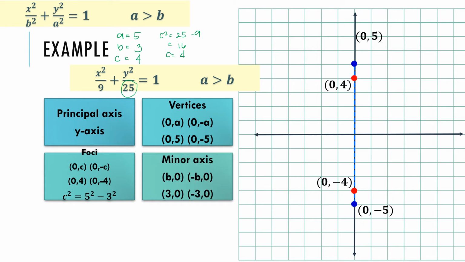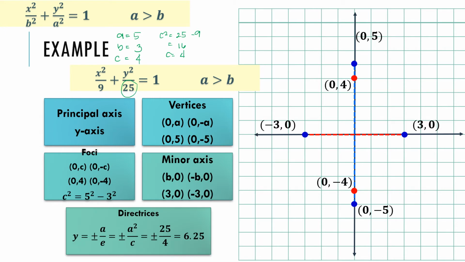Minor axis. B, 0 and negative B, 0. So we have B equals 3, kaya 3, 0 and negative 3, 0. Okay? The directrices, dapat dito ay may plus, minus 6.25. So y equals plus, minus 6.25.